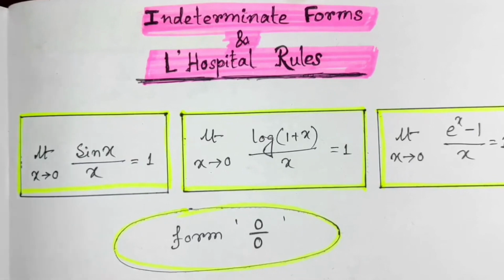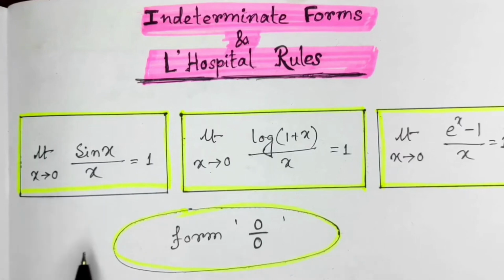Yes, it is possible. But when we come to these types of limiting functions, we get stuck somewhere because these are all in indeterminate forms. So first of all, how do we identify that a function is in indeterminate form? For that, you write the function in numerator and denominator format.